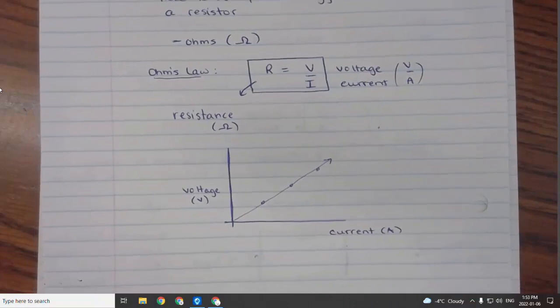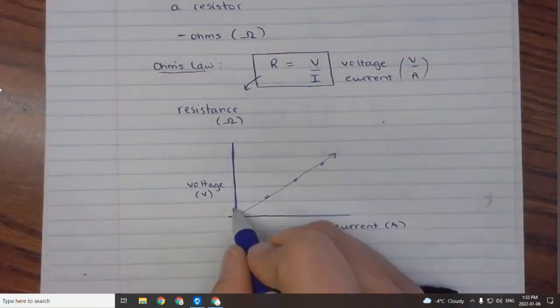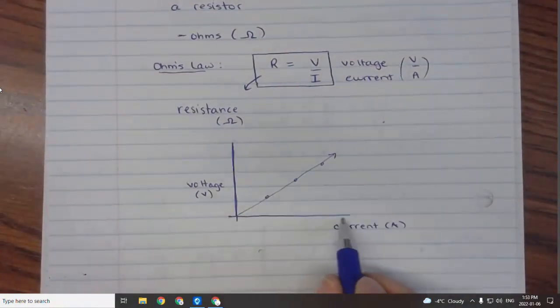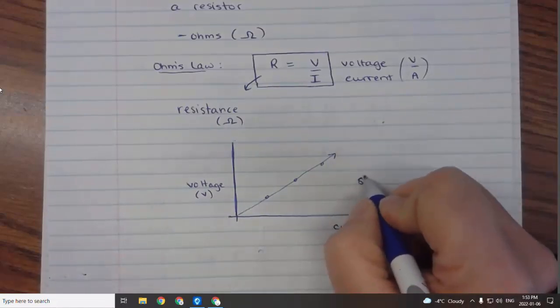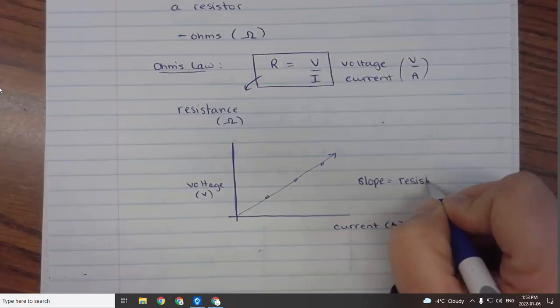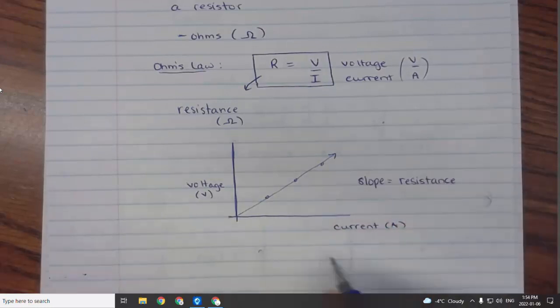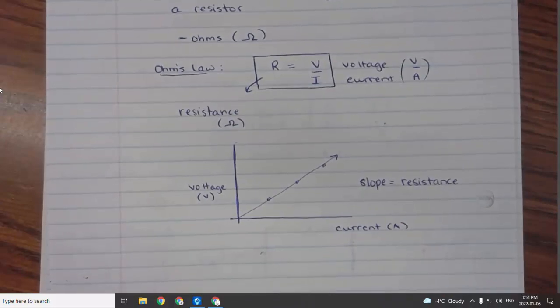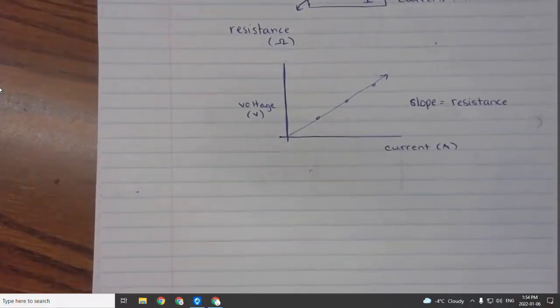It's a linear relationship. So as the number of volts increases, then the number of amps increases, and the slope of this line gives you the resistance. So when you do volts over amps, rise over run, then you get resistance, and it's linear.